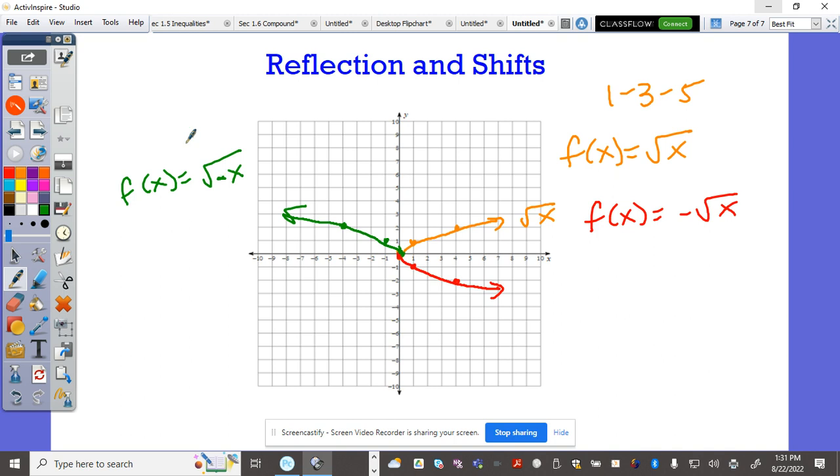Negative times negative will be converted into positive. And the last one there, pink. If you have f of x equal to negative square root of negative x, that goes down 1 left, down 1 over 3. It goes the other way around. That is the basic reflection for the square root function.